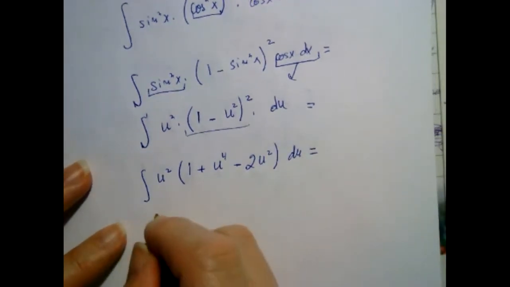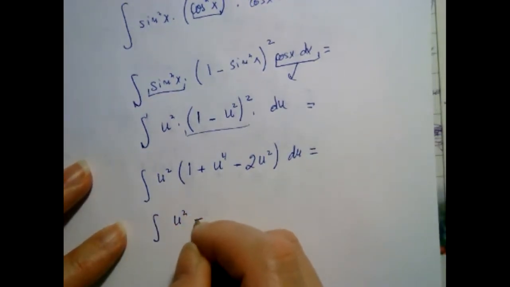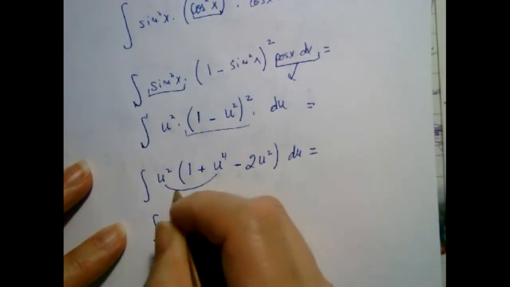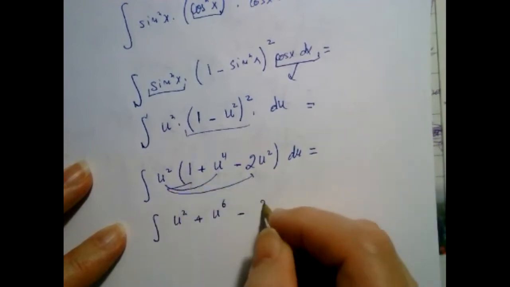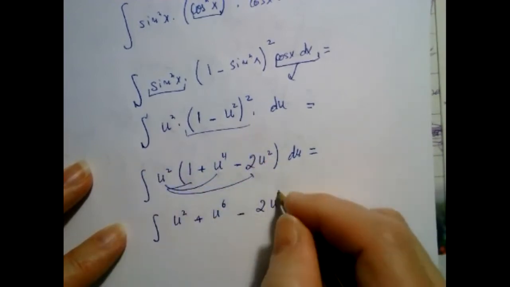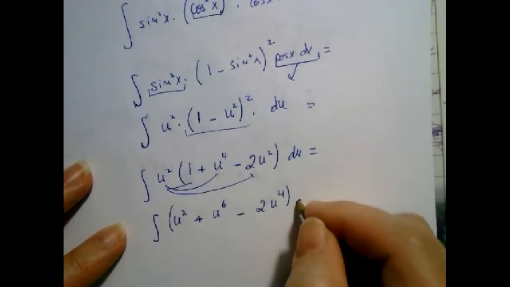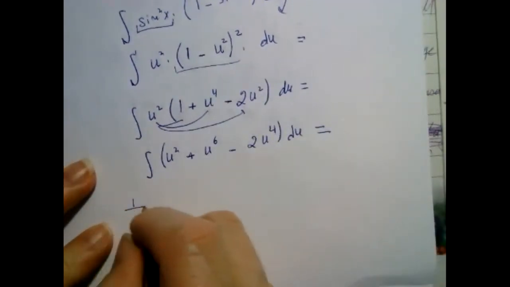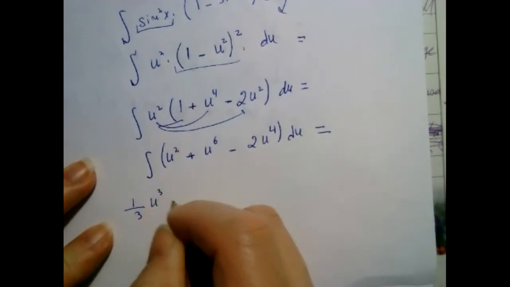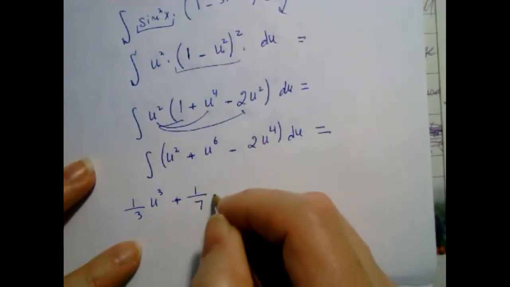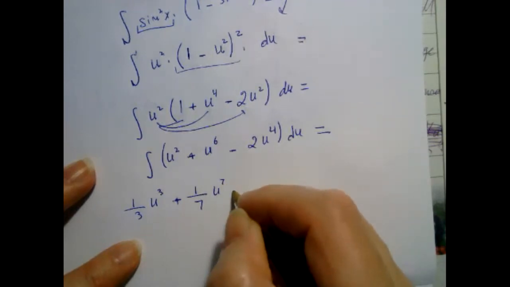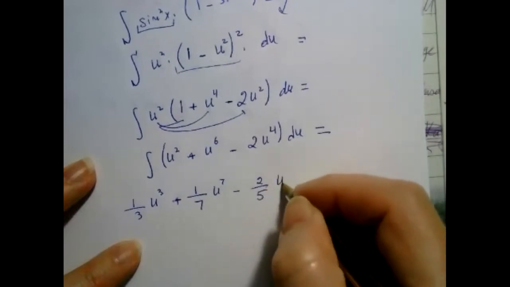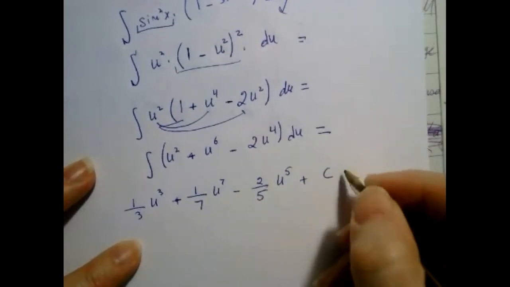This would leave me u squared plus u to the 6th minus 2u squared times u squared, u to the power 4, du. So finally, I will get 1/3 u to the power 3 plus 1/7 u to the 7 minus 2/5 u to the power 5, plus c.